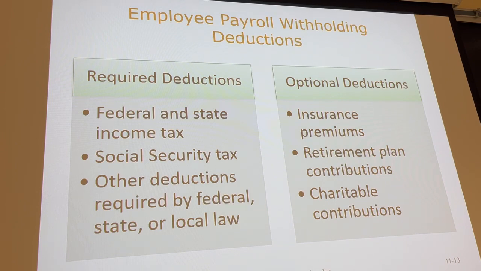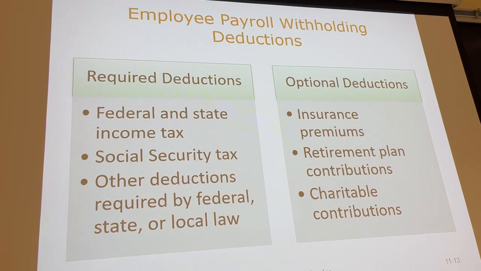So if you lived in or worked in New York City or Philadelphia, for instance, there would be a city income tax. If you worked in Ohio, the counties there have school district income taxes that you have to pay. So in many places, there are really three separate income taxes that would be deducted from your pay.